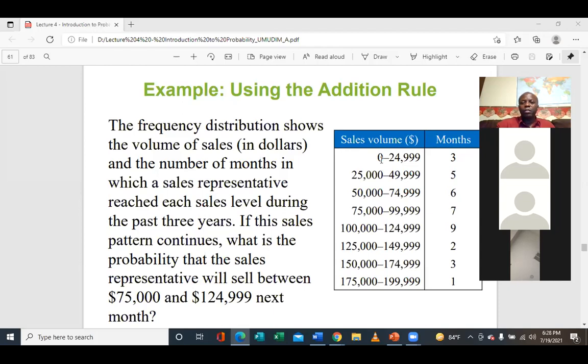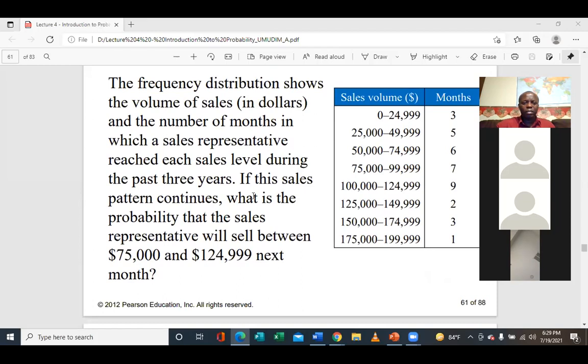See, 0 to 24,999 in 3 months, 25,000 to 49,999 in 5 months, and so on and so forth. Now, if this sales pattern continues, what is the probability that the sales representative will sell between 75,000 and 124,999?